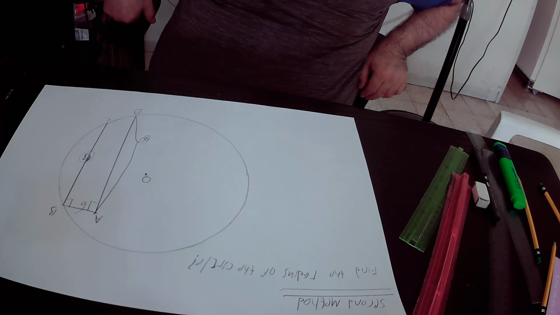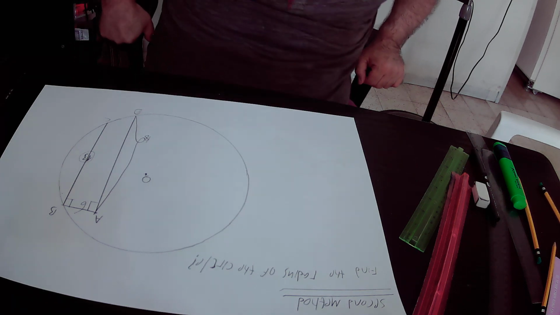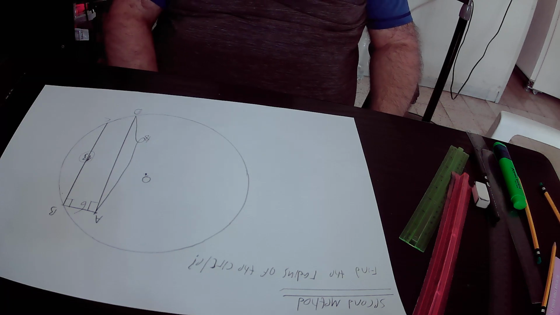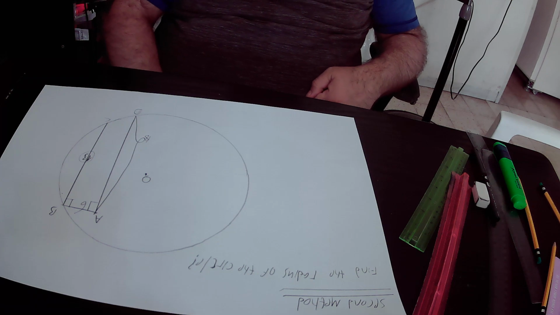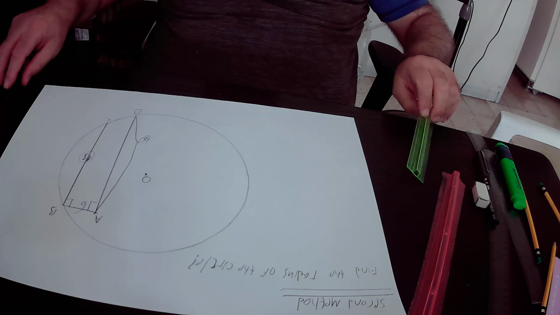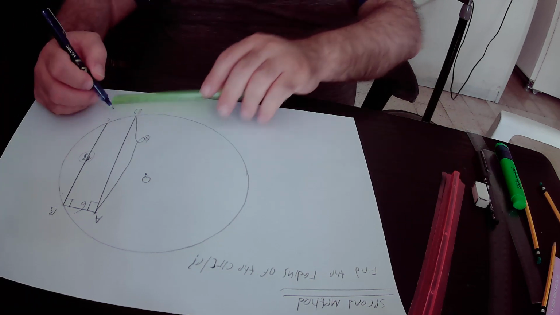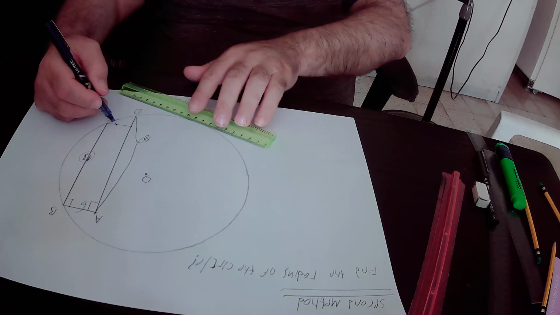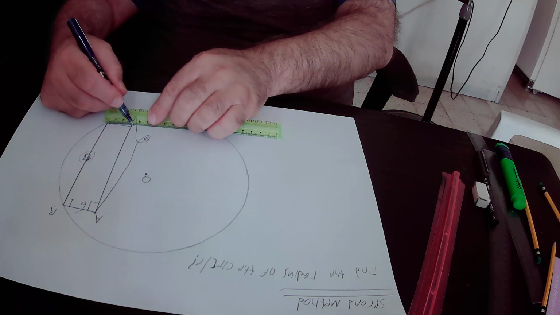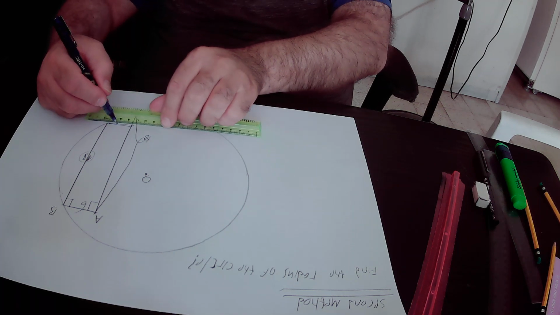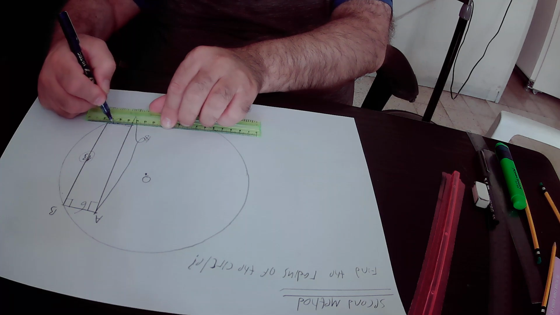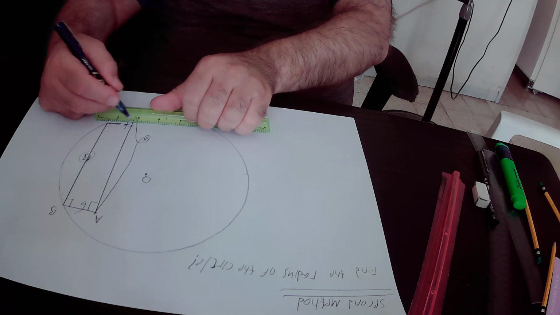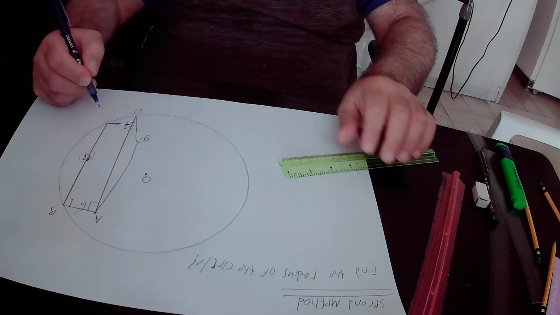In the second method, in the first step, we do the same thing that we did in the first method. That is to say, from point C we go perpendicular on AD, and this angle equals 90 degrees, and this angle equals 90 degrees according to our construction.